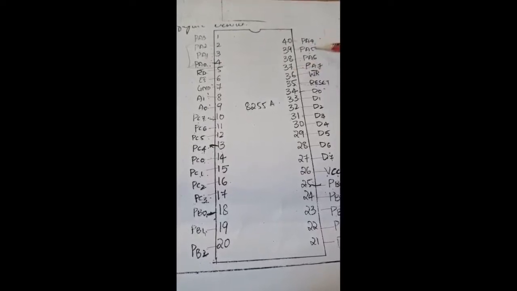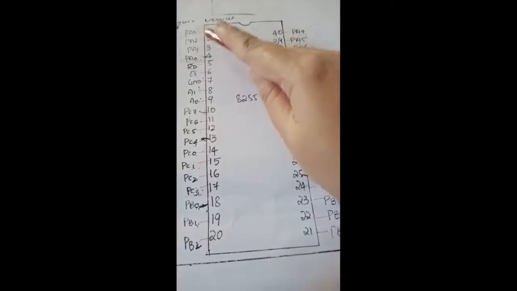Beside that, the same port A continues with A4, A5, A6, A7, ending on this side. This is port A.